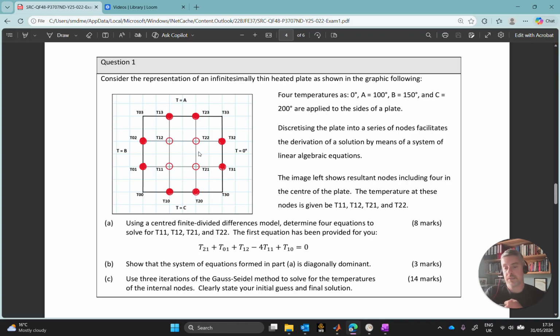Now part A says that the solutions to these should be found using a centered differences approach, or as it's called here, a centered finite divided differences model, central differences approach.